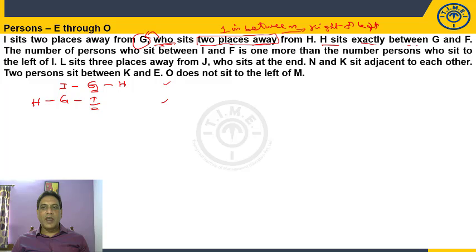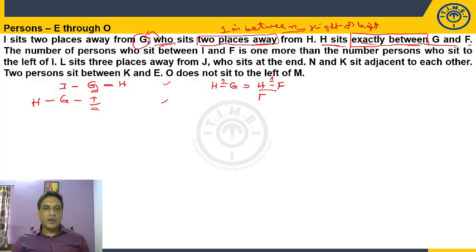H sits exactly between G and F. So what do we mean by exactly between? Exactly between means the number of persons between H and G should be equal to the number of persons between H and F, because H is between G and F. Here the number of persons between H and G is 1. So the number of persons between H and F should also be 1.